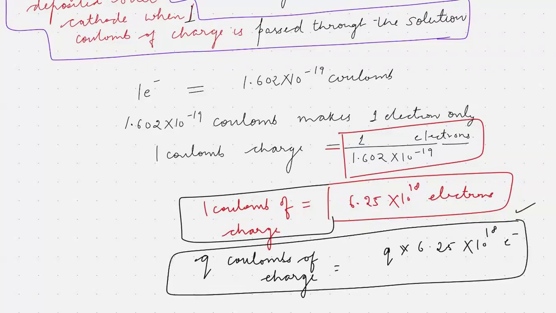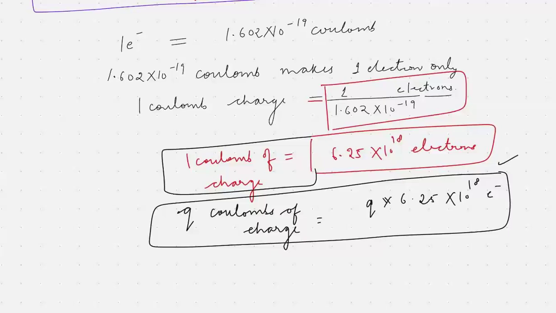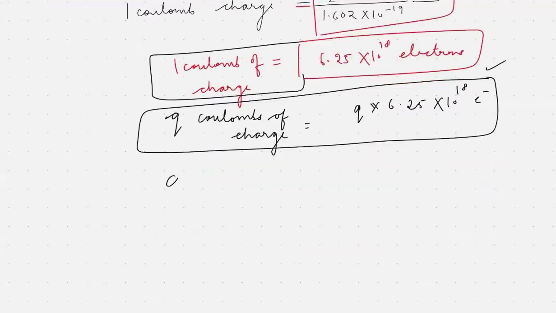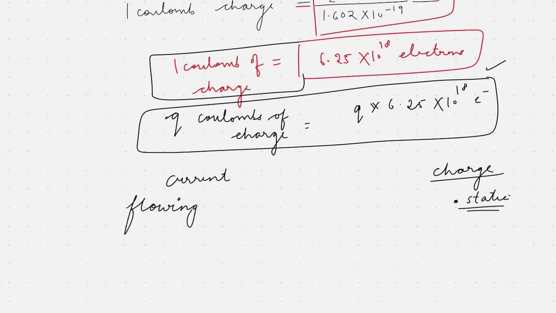But Q has to be in coulombs. Now, what is the difference between current and charge? Charge is generally static, that means placed at one point. But current means flowing charges, and depends on time.